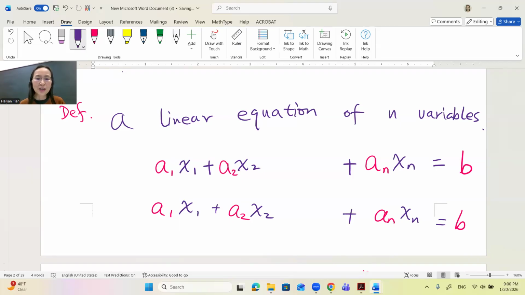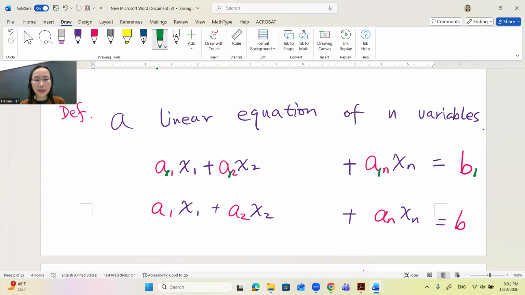We cannot do that. So in order to make a generalization, we will introduce, for the first equation, a 1, you see? a 1, b 1. That means all the coefficients of those variables and the constant on the right-hand side of the equation.